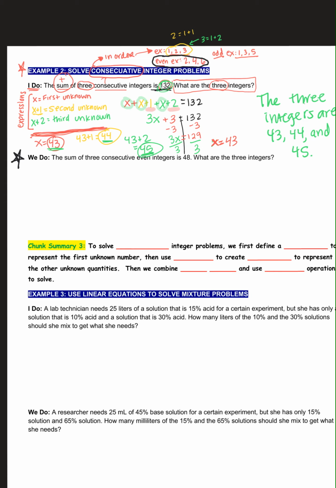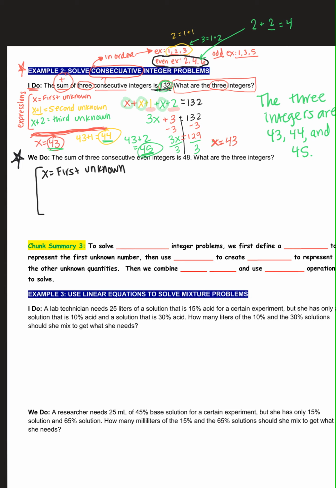So we'll first define a variable. We know that x is equal to our first unknown. Then when we come back up here, when I gave you that example, this 2, 4, 6 situation, 2 plus something gives me 4.